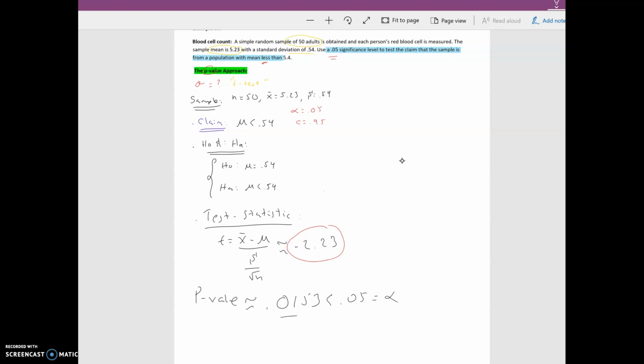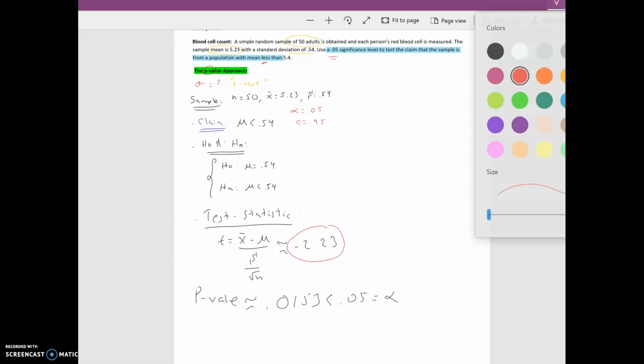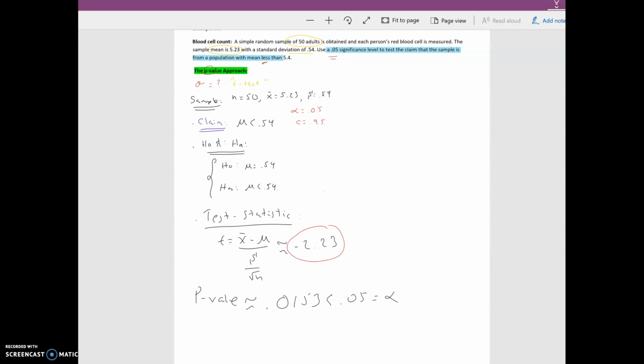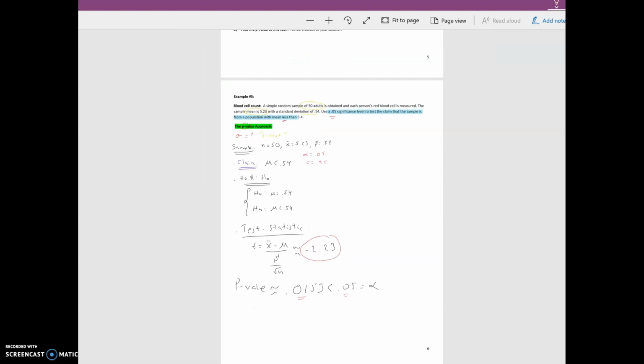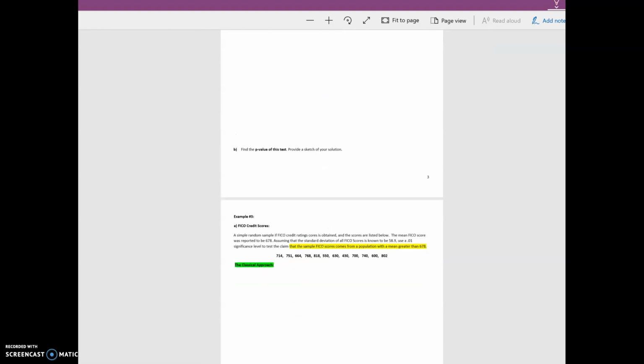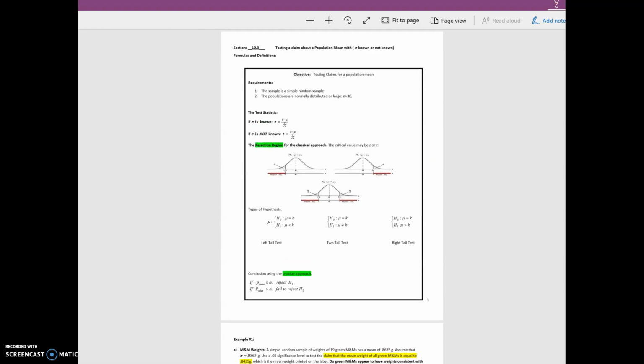Since it is less than alpha, you can go directly to the conclusion. So you're comparing it to 0.05, and in this case, you're going to follow the conclusion from page 1. So you're looking at this portion here.